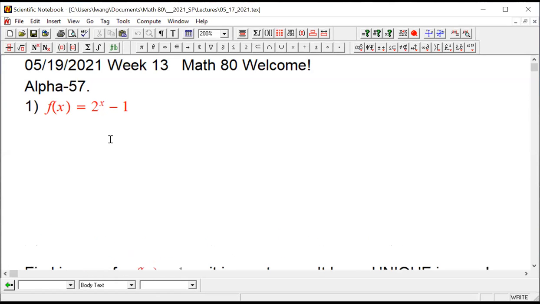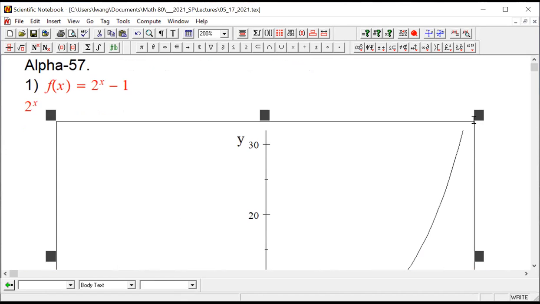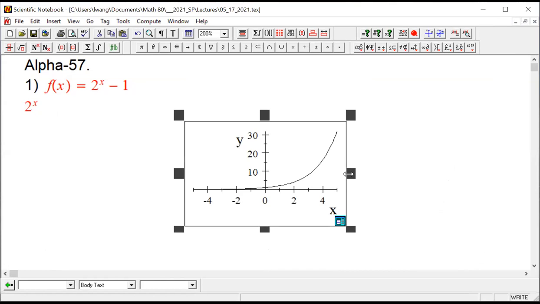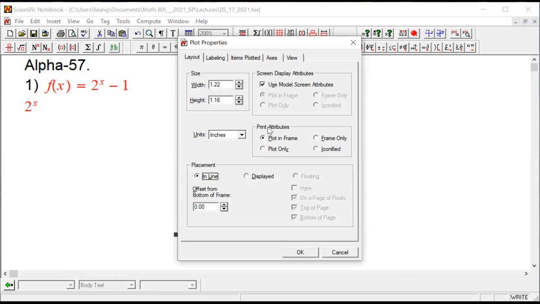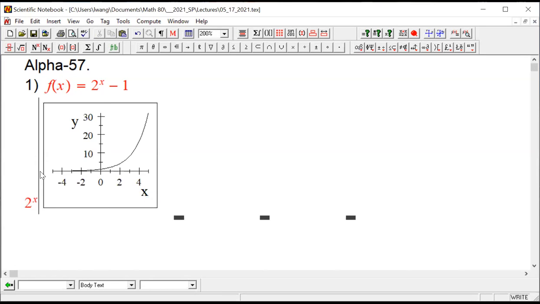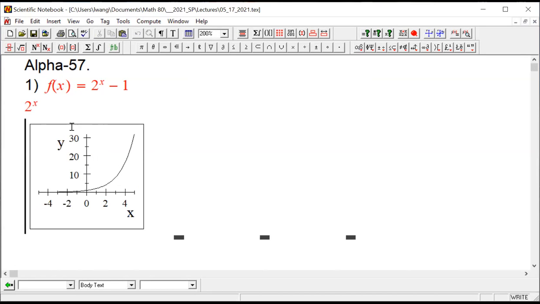Okay, and then can you graph this function with me? Since we're so familiar with 2 to the power x, let's graph 2 to the power x first. Could you do that with me?